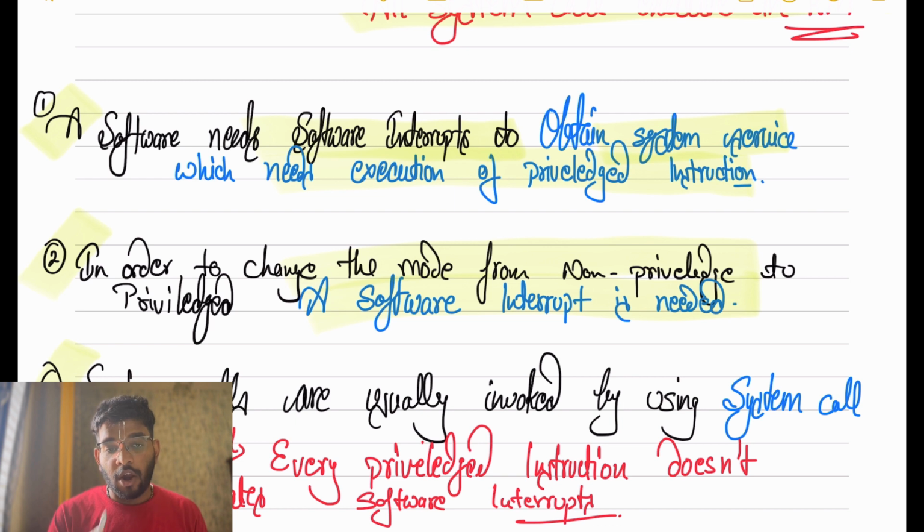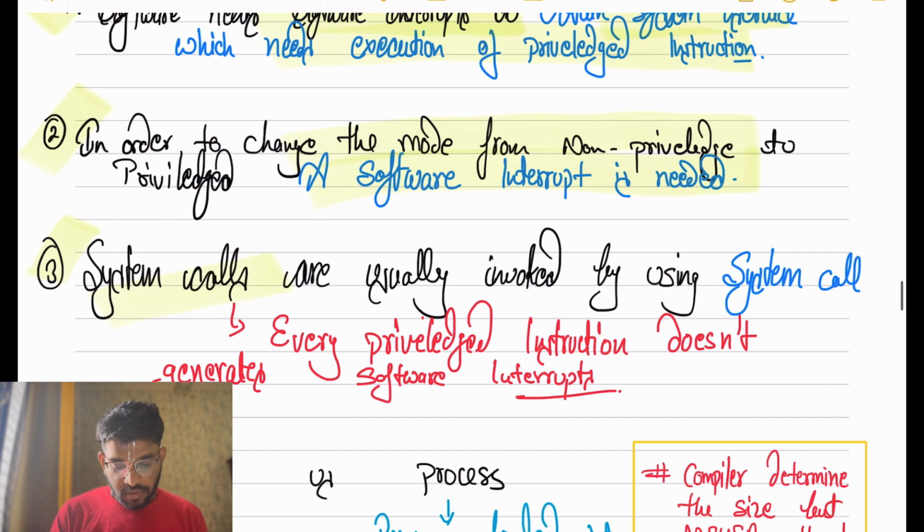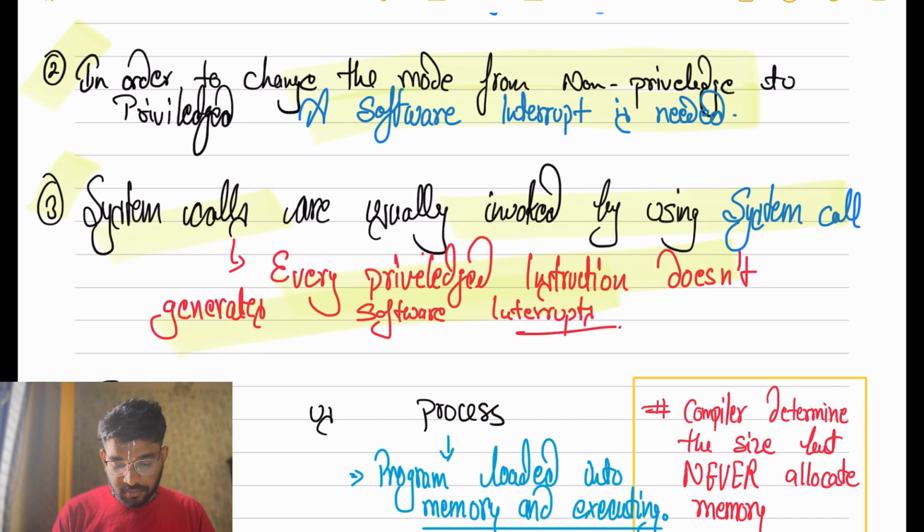For example, malloc is a function which allocates memory, but it may or may not generate software interrupts. Every privileged instruction does not generate software interrupts.